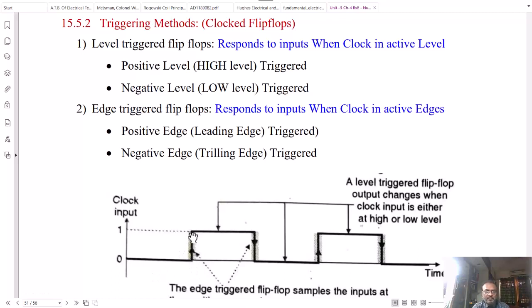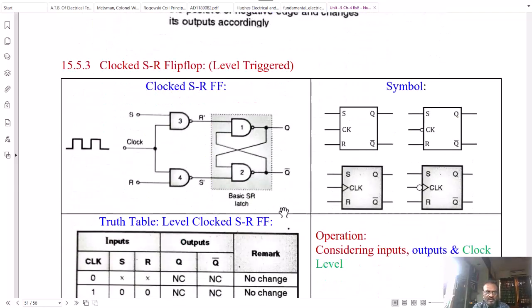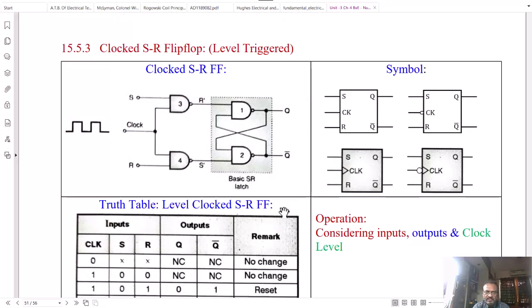Whereas if your flip-flop changes the state on the positive edge of the clock only, then it is called positive edge or leading edge triggered flip-flop. Or if your flip-flop is changing the state on the falling edge of the clock, it is called falling edge triggered or trailing edge triggered or negative edge triggered flip-flop.